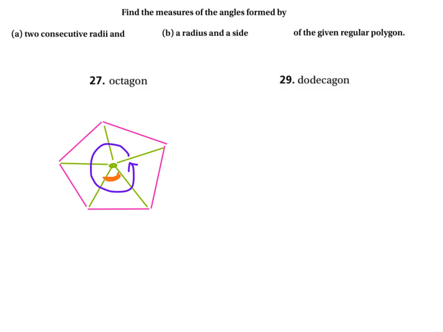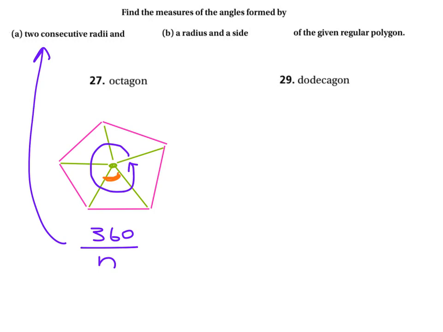That would be for a pentagon. In 29, they're talking about an octagon, so we'll have to do something different, but I just want to give you the general sense of what you need to do all the time. You need to take 360 and divide it by the number of sides, okay? And let's say n for the number of sides. That's going to be the angle that you get for two consecutive radii, okay?